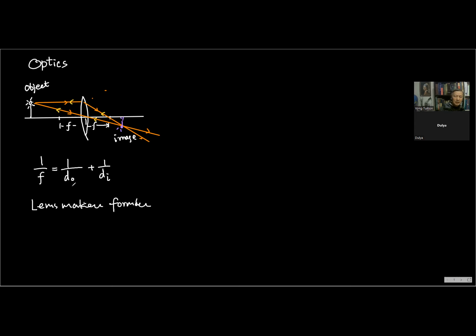In this case, it doesn't matter, you can exchange these two terms. The formula is still the same. Can you see that? So this implies that in this particular optics formula, they are symmetric. This formula is symmetric about the image and object.